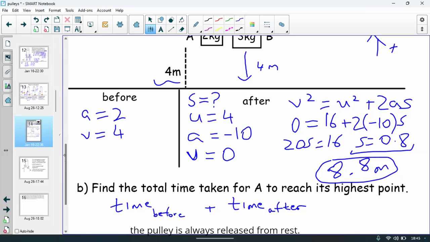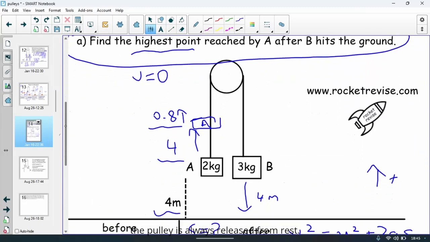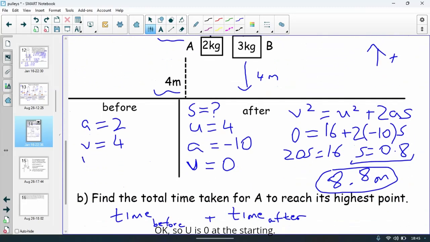Now the pulley is always released from rest, so U is 0 at the starting. Using this, we can calculate T. V equals U plus AT, so 4 equals 0 plus 2T. That means time will equal 2.